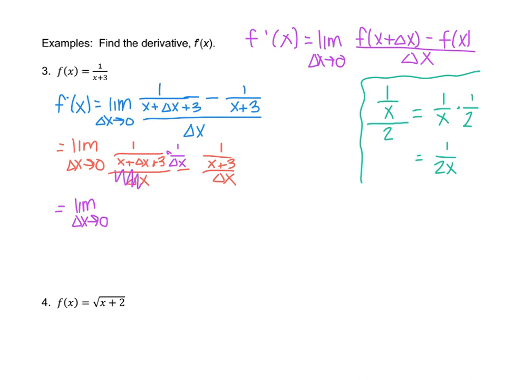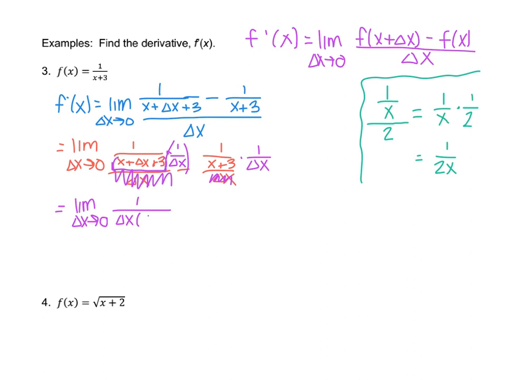So instead of doing this, I can just multiply it by 1 over delta x. Same with this, instead of divide by delta x, it's times 1 over delta x. So now I've got this. My first fraction is now 1 over delta x times this whole thing.